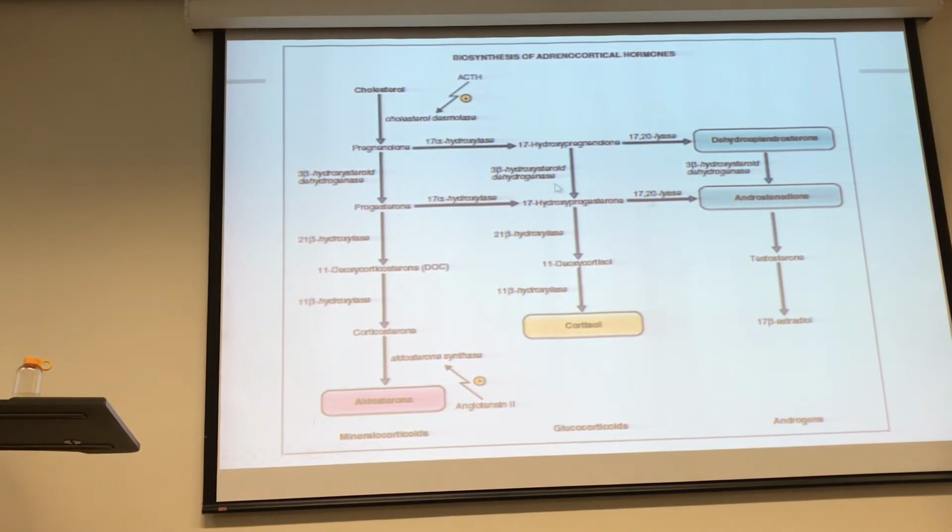You can also convert dehydroepiandrosterone by 3-beta-hydroxysteroid dehydrogenase to androstenedione, but both of them are basically androgens, and they are converted within the testes into testosterone, and in the liver can be converted into estradiol.